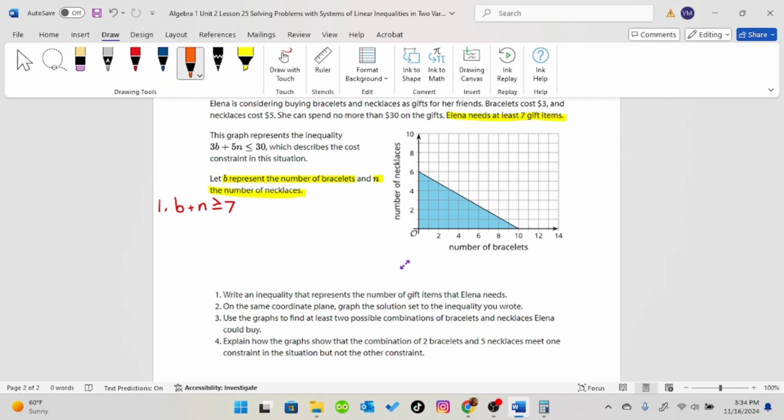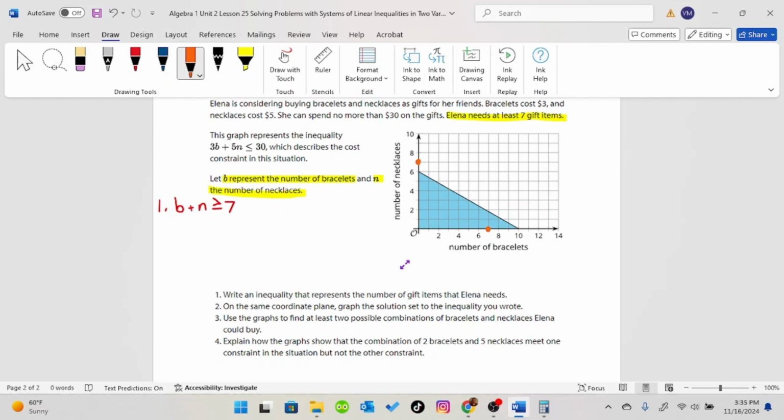So we can go to 7 on the n-axis, and we can put our n-intercept. Now we can do the opposite. If we say that necklaces are 0, then that means bracelets must be greater than or equal to 7. So we go over to where bracelets are 7, and we put our b-intercept.